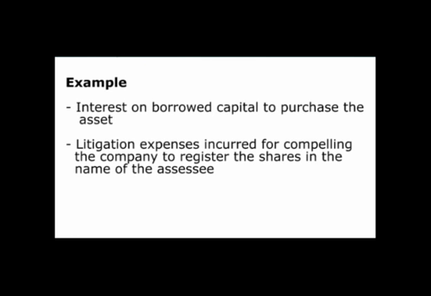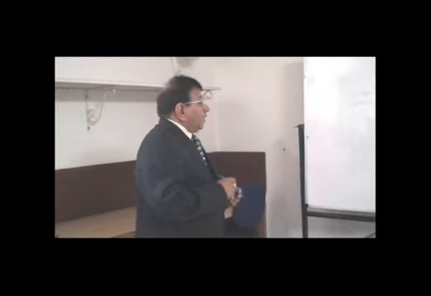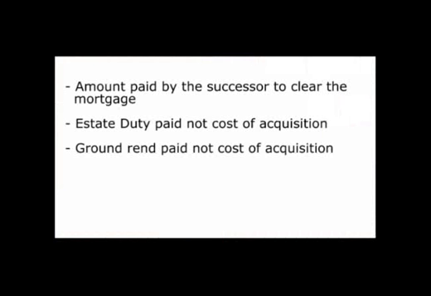Second is the litigation expenses which are incurred for compelling the company to register the shares in the name of the assessee. Then these litigation expenses shall also be part of the cost of acquisition. Another example is the amount paid by the successor to clear the mortgage.